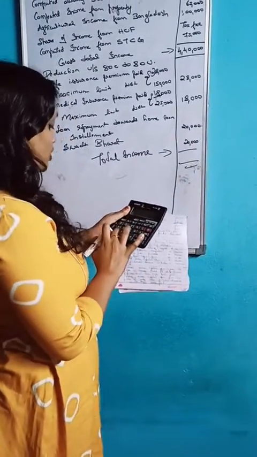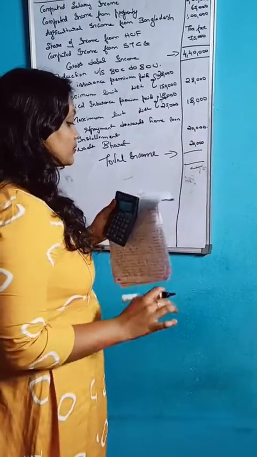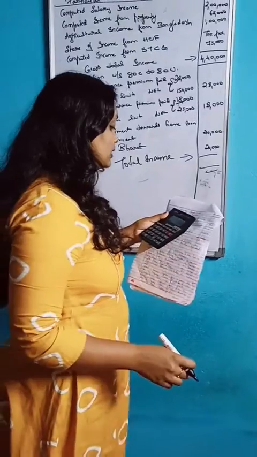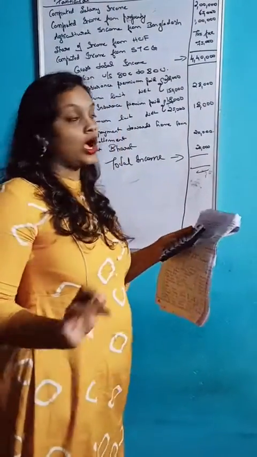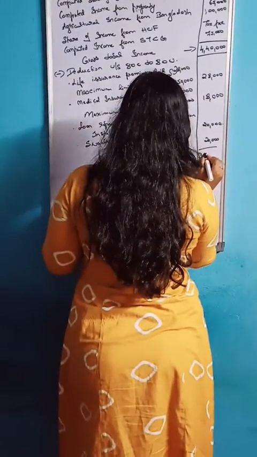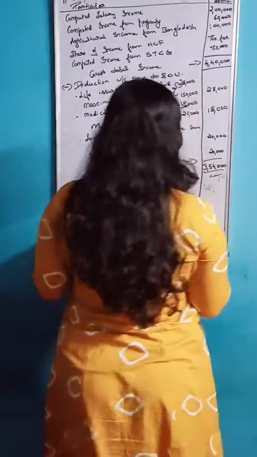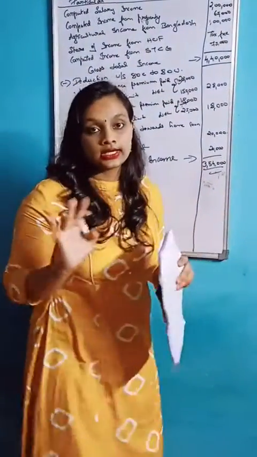Minus from 4,40,000, you will get 3,54,000. Okay. So this is clear.